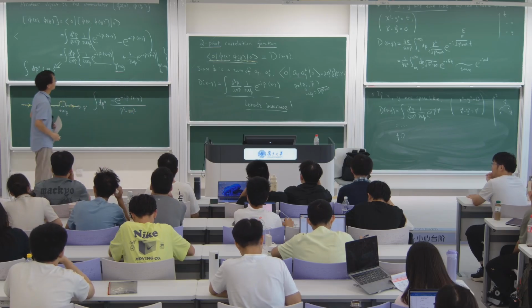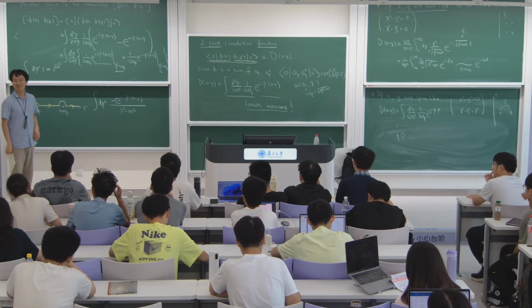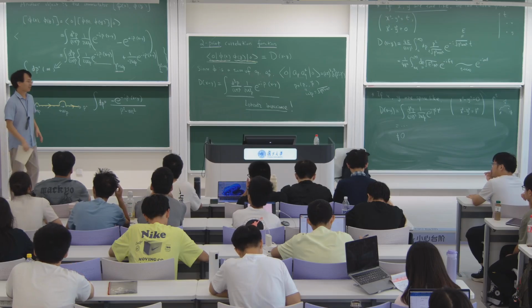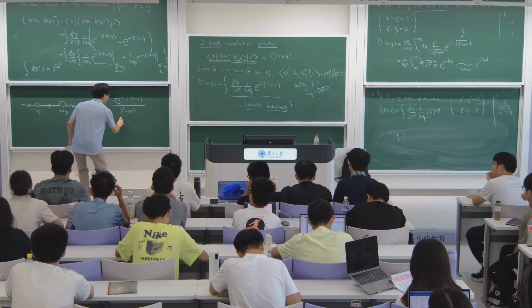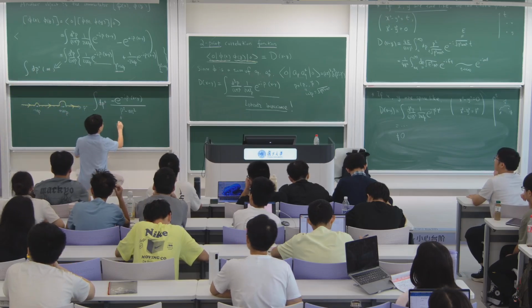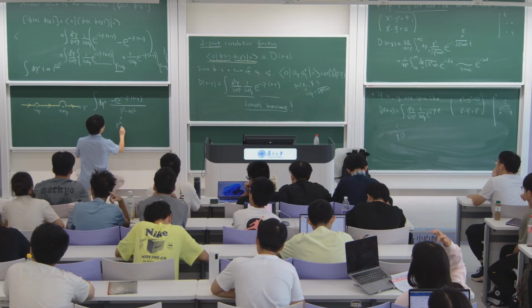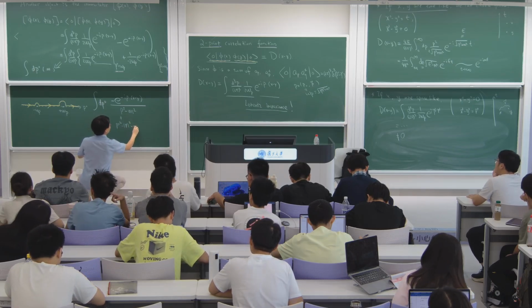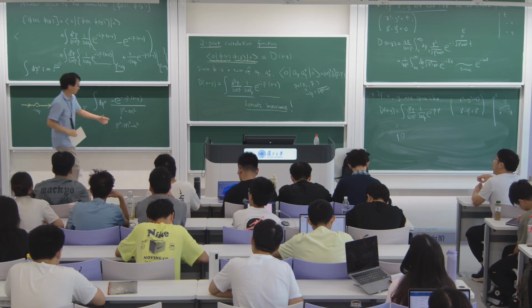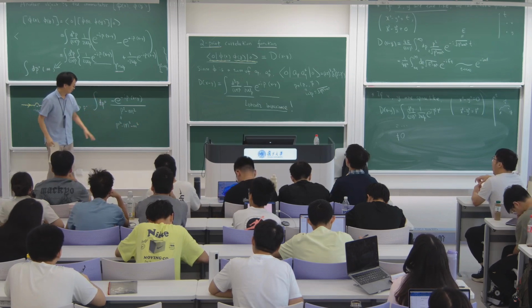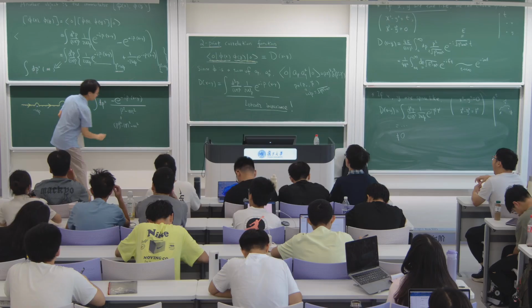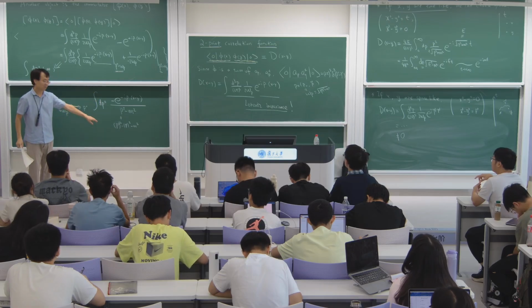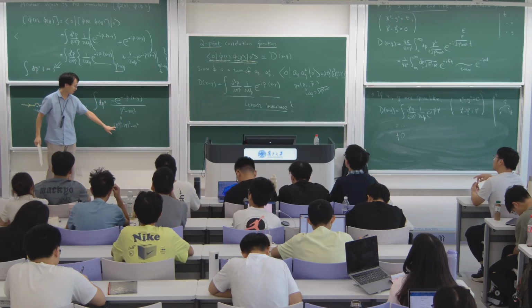Certainly, p squared minus m squared can do this. See? Why? Because p squared equals p0 squared minus p vector squared, now minus m squared. Okay? So this kind of denominator picks up the poles, because p0 is my variable.